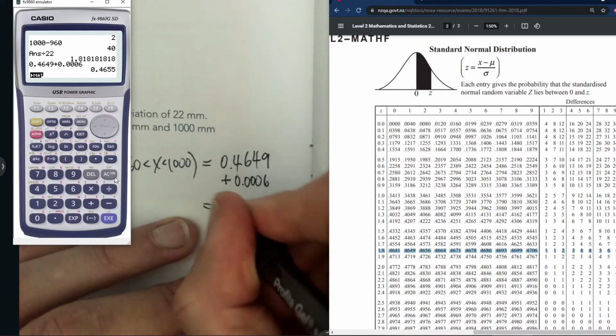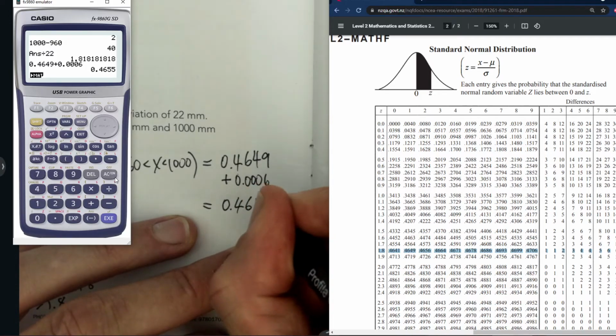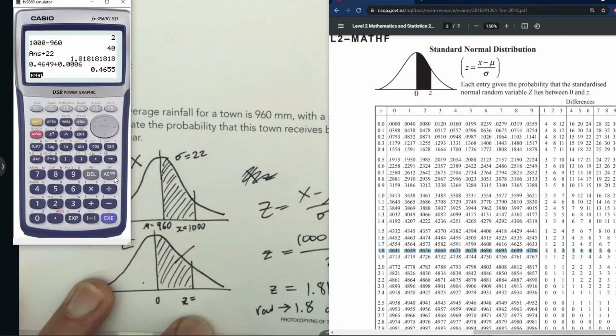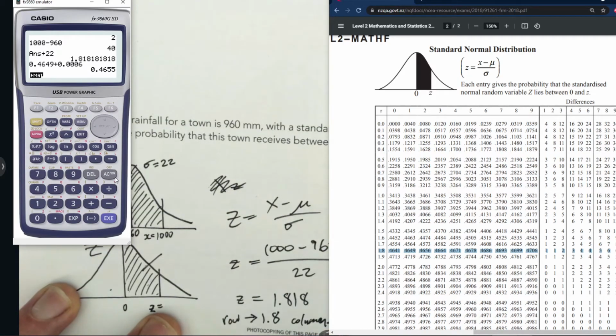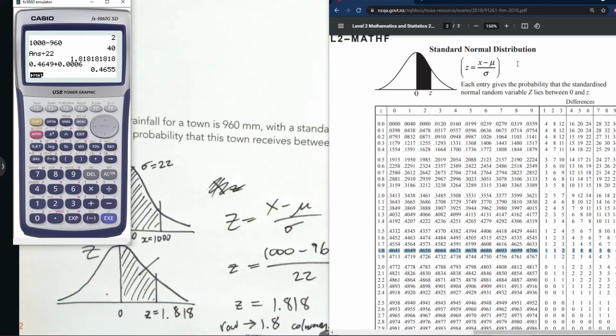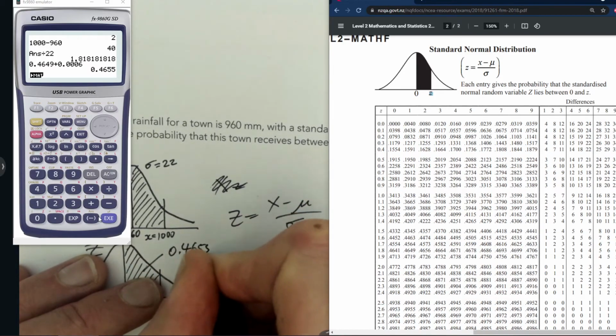So the final probability ends up 0.4655. I'm just going to quickly explain that. We found this Z value here, and we found it to be 1.818 using our formula. We then look at this picture here. It is between 0 and Z, just like here, 0 and Z. So this probability, we found it to be 0.4655.